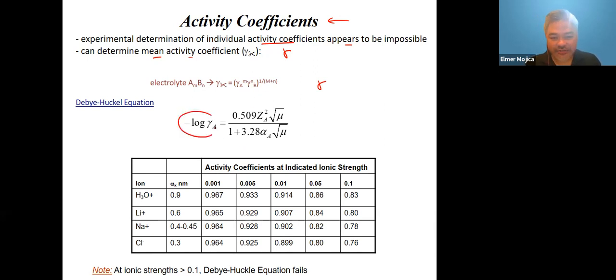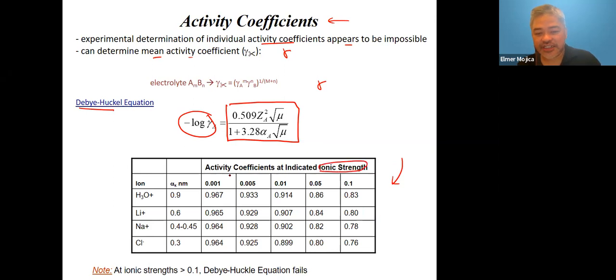To get the log of γA, you usually use the so-called Debye-Hückel equation. That is what you use, although there's already a table available giving the activity coefficient at a certain ionic strength. So that's the common approach. Now, the Debye-Hückel equation is not applicable if your ionic strength is more than 1.